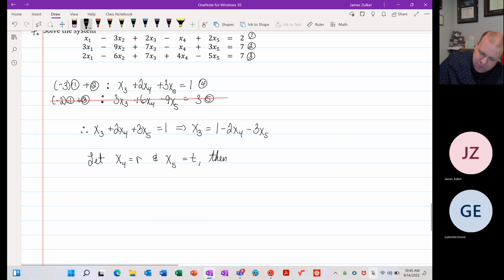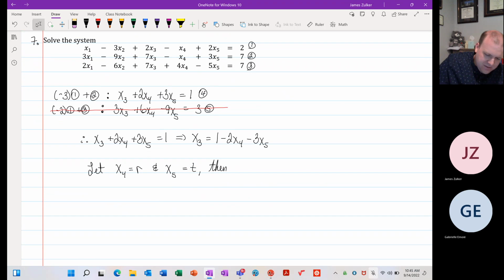Then what we're going to get is, let's plug that back in to the first equation.